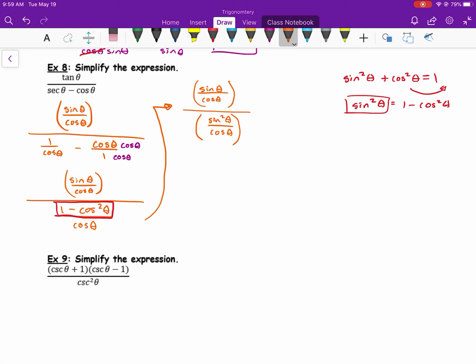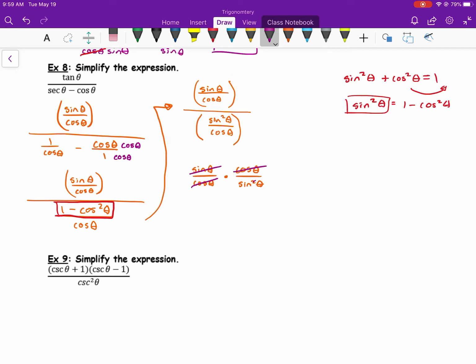So I have two fractions that are being divided. So my next line, I am going to do sine of theta over cosine of theta times the reciprocal of the denominator. And from here, I'm going to simplify. Cosines cancel out.